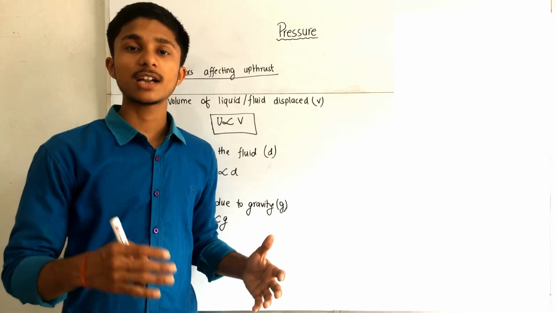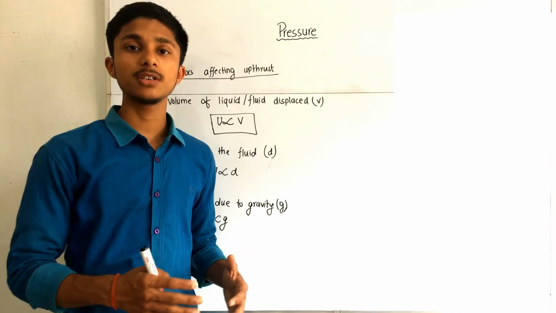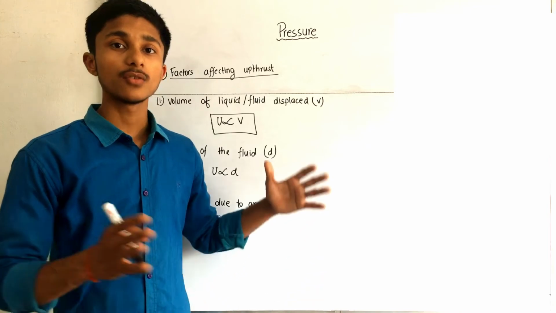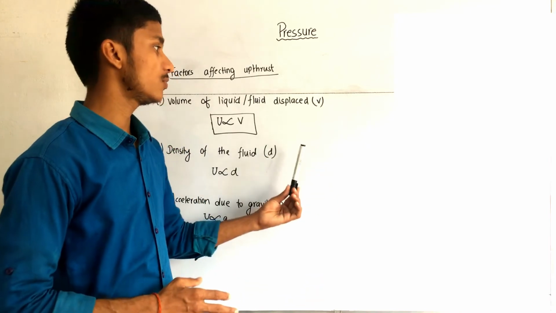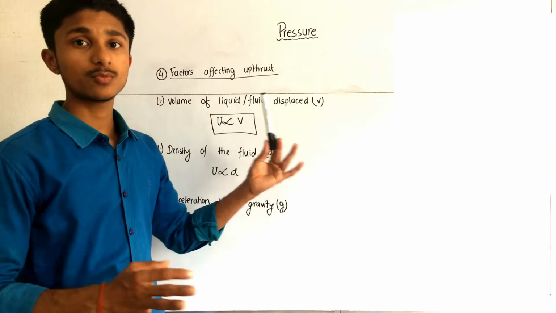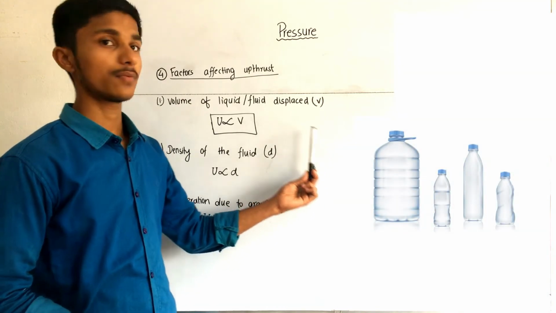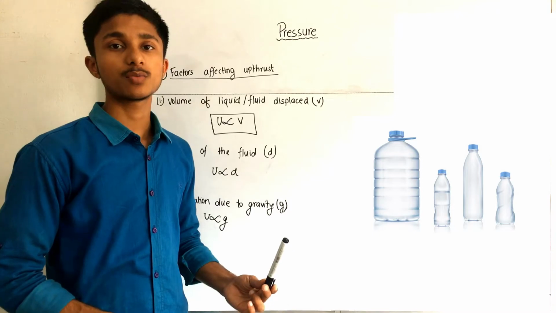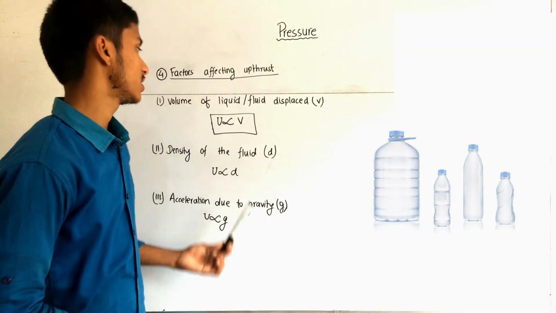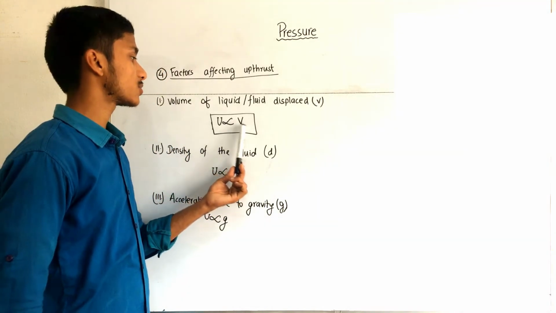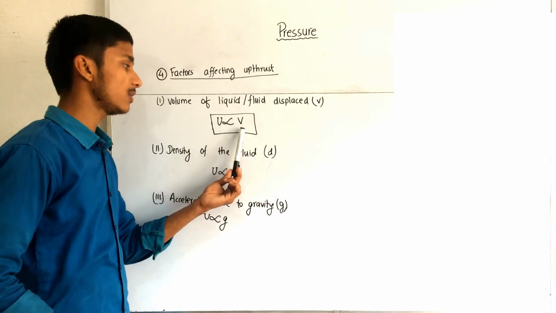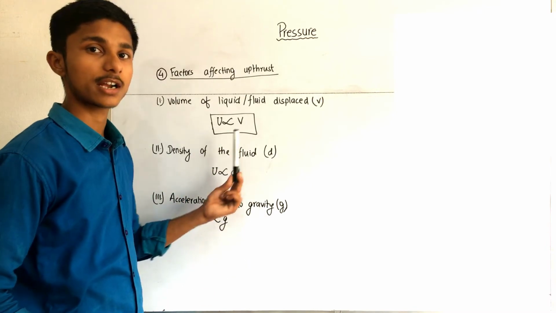It is because the larger bottle experiences more upthrust, since its volume is comparatively greater than the volume of the small plastic bottle, right? So upthrust is directly proportional to volume. If the volume is larger, larger will be the upthrust acting on it.